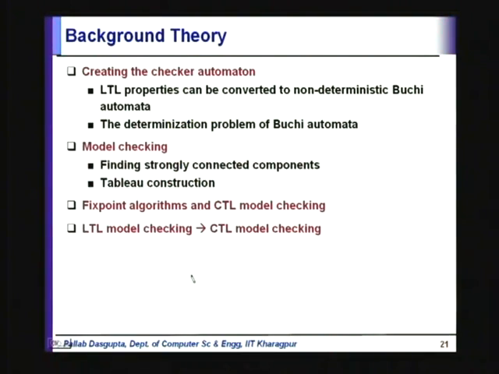And then we will go through model checking, where we will look at algorithms for finding strongly connected components, and we will look at the methodology for tableau construction. And then we will go into CTL model checking, and we will study fixed point algorithms for CTL model checking, and then we will see how LTL model checking can be cast into CTL model checking and solved using a CTL model checker. Okay, so this is the agenda.